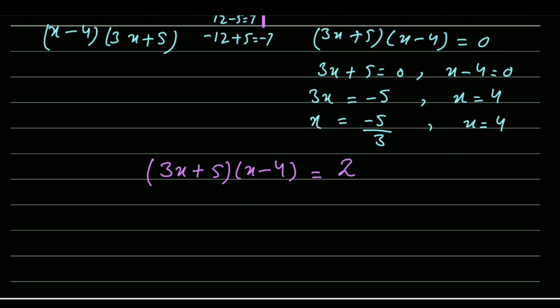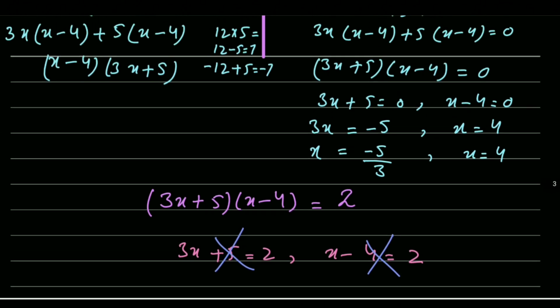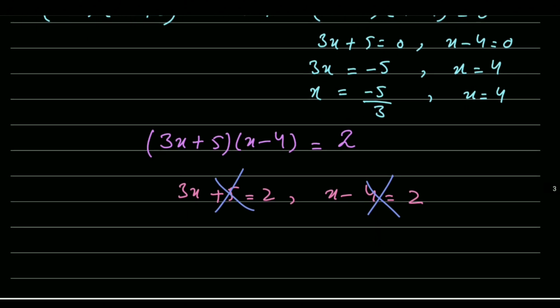Like if you try to write 3x plus 5 is equal to 2, x minus 4 is equal to 2, that will be wrong. You cannot write it like that, because only if your equation is equal to 0 can you write them separately. So how will we solve that question if we cannot solve it like that?